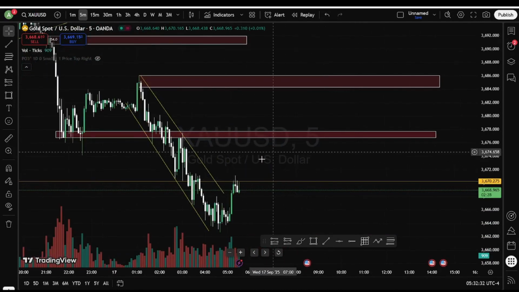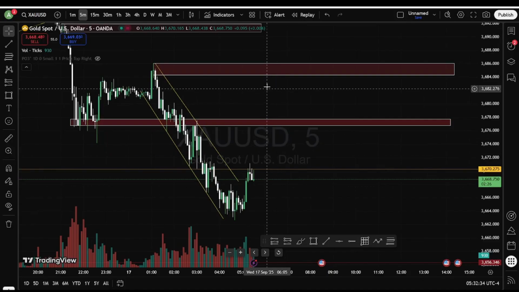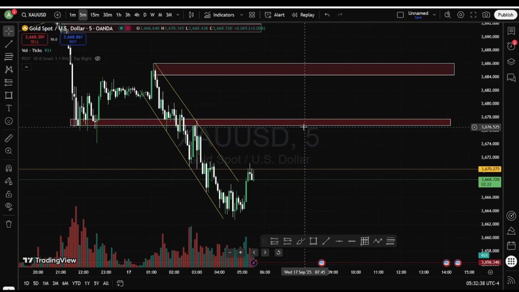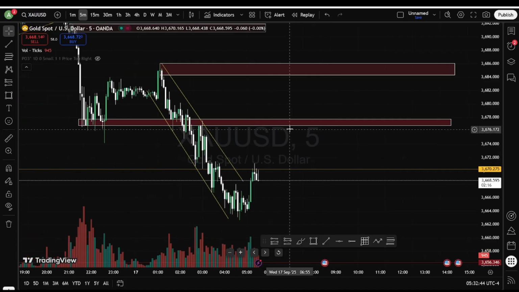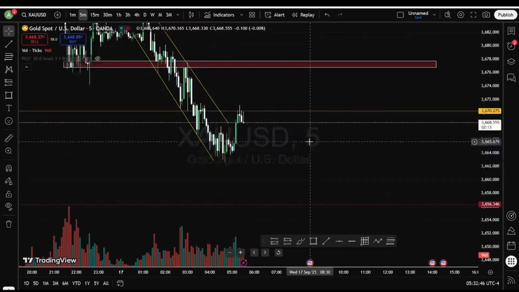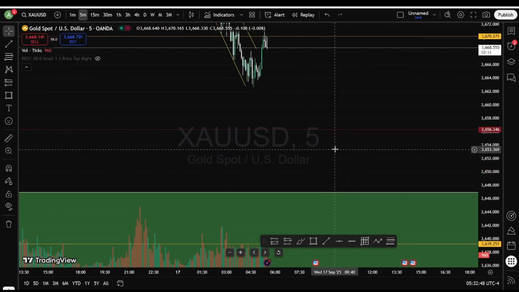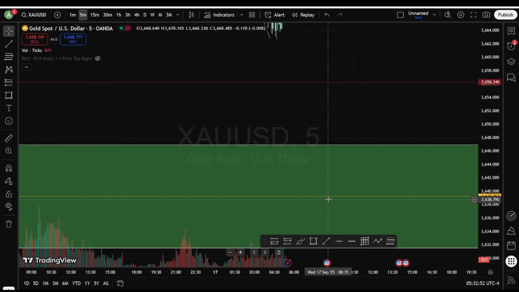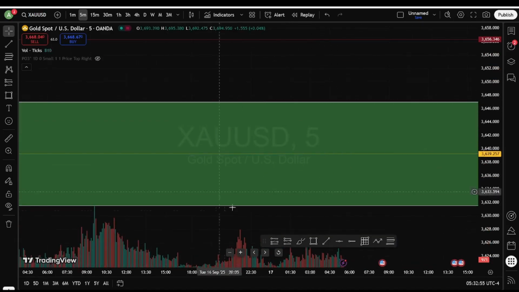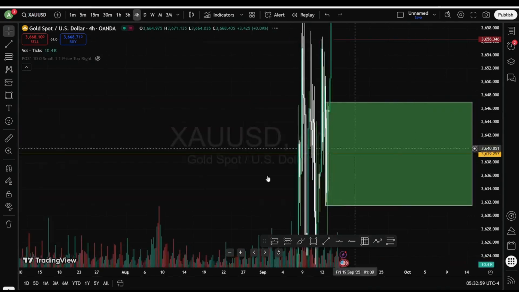This is our setup, guys. If we get any bearish evidence after tapping this zone, then we'll go for sell. Then the next sell target will be 39, because here we have a huge support on the 4 hour.